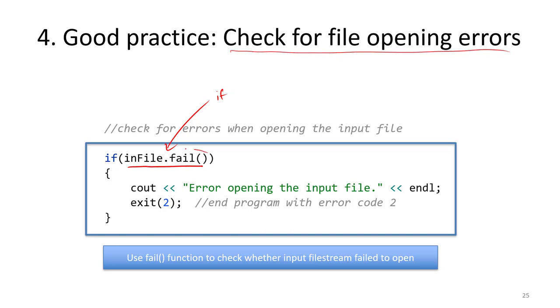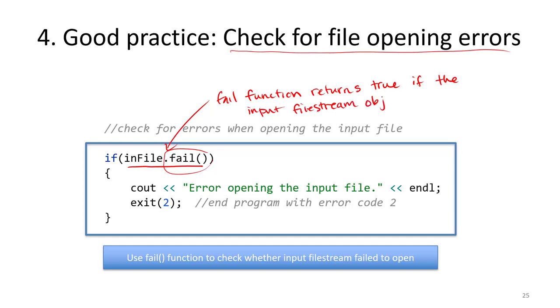The fail function will return true if the input file stream object did not successfully find the file.